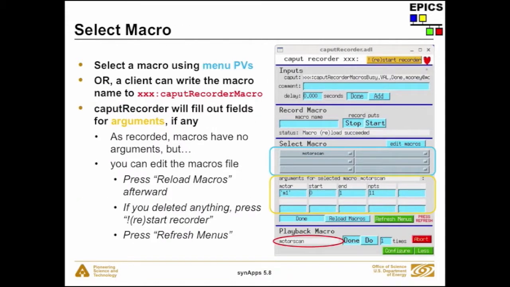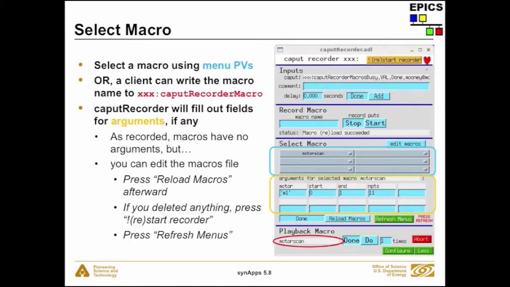Oh, and about pressing refresh menus. I did find a way in EPICS to figure out whether the user has pressed the refresh menus button. What refresh menus does is it closes this MEDM display and reopens it, right? And that gets the values of all those menu items because those happen when a display opens.